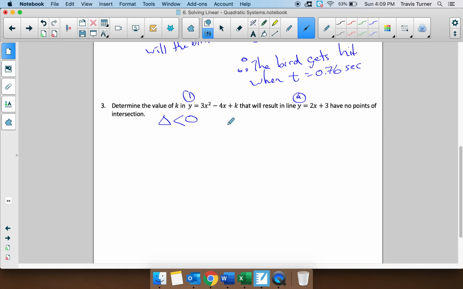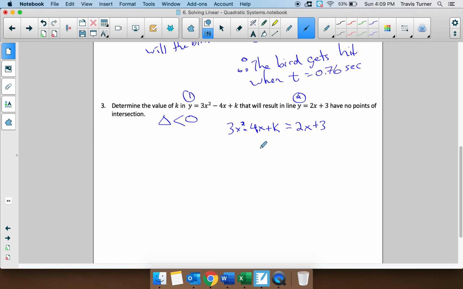So if I let these equal each other, let me just move that negative up a bit. And that's equal to the 2x plus 3.